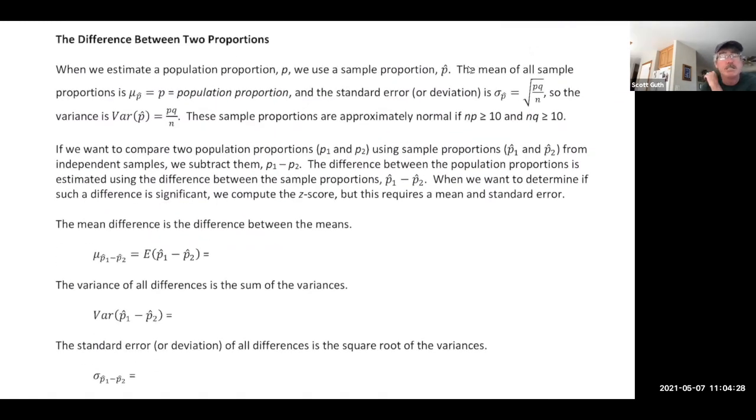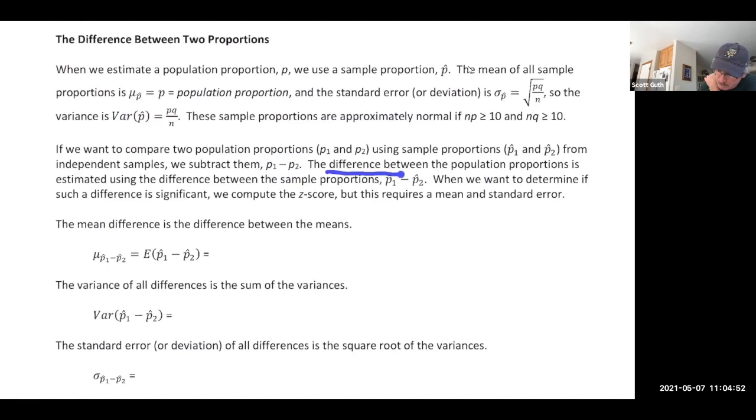We remember that differences, and again, we're going toward differences, are normal as long as the two populations that you're subtracting are normal. Okay, so if we want to compare two population proportions, P1 and P2, using sample proportions, P hat 1 and P hat 2, from independent samples, we subtract them, P1 minus P2.